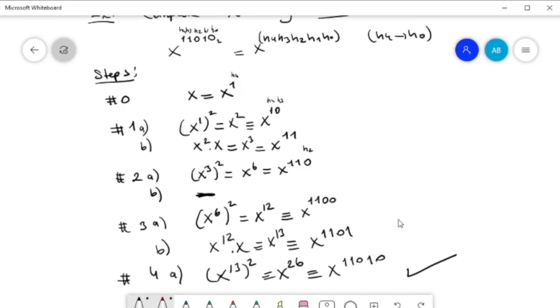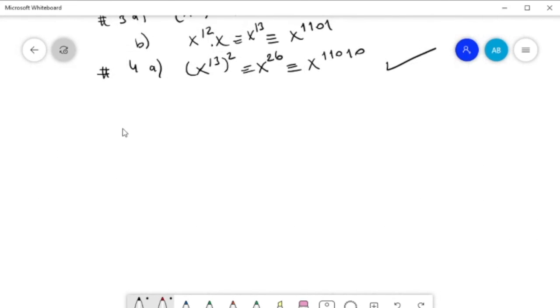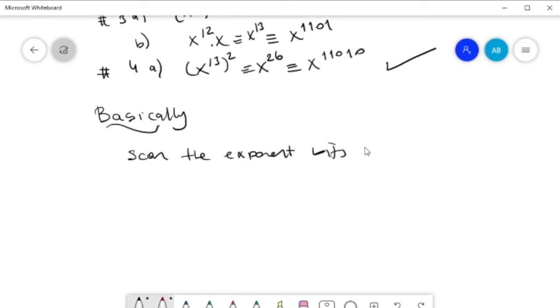Let me write the pseudocode and I explain it once more. Basically, we scan the exponent bits left to right, as I said before, H4 to H0.